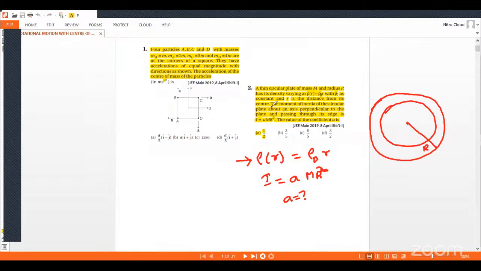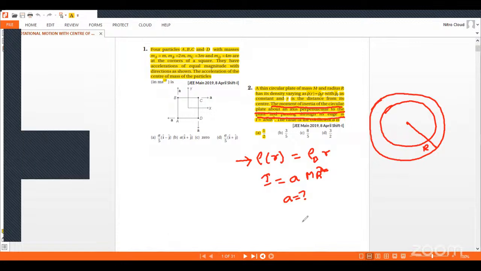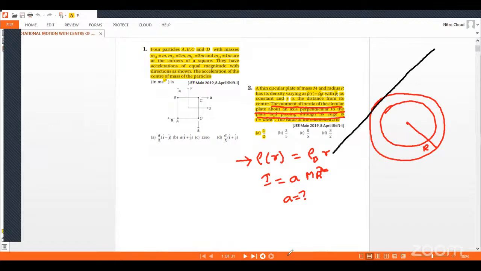Now observe carefully. Moment of inertia about an axis perpendicular to the plate and passing through edge means like this. Along this axis, I need to find moment of inertia.